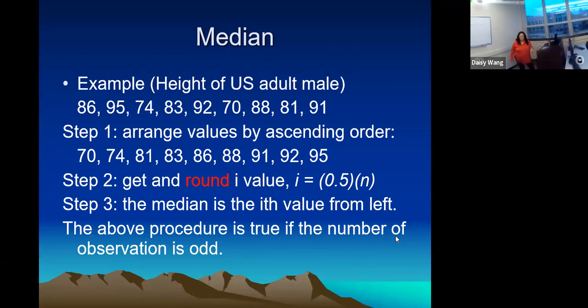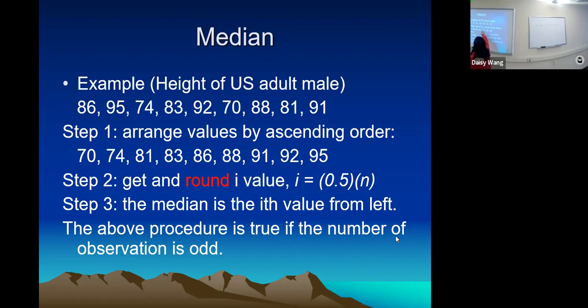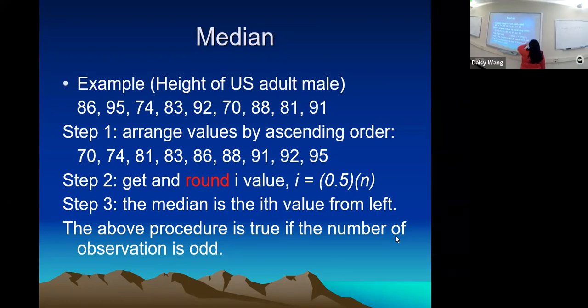Then we can calculate how many: 1, 2, 3, 4, 5, 6, 7, 8, 9. So there are 9. To find where the median is, it's 0.5 times 9, so that's 4.5.